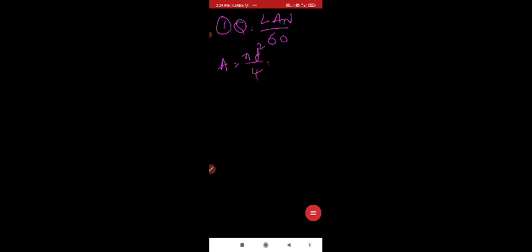Substitute the values in this equation: pi into 0.2 square by 4. If you calculate it, you will get 0.03 meter square. This is the area of the piston.